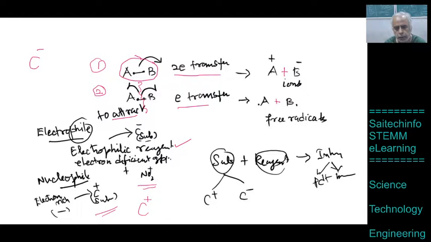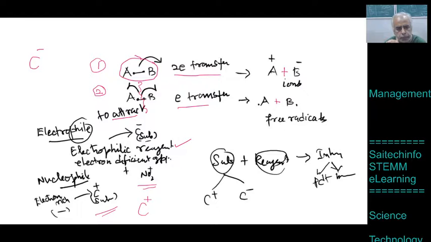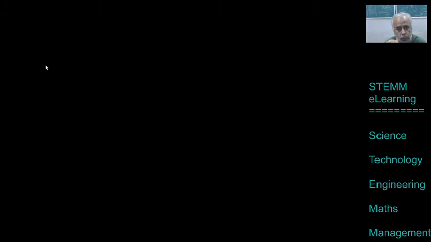Now, I was discussing the electron transfer. This electron transfer can take place within the atom also, within the molecule also. In the case of pi electron transfer, please note down pi electron transfer.